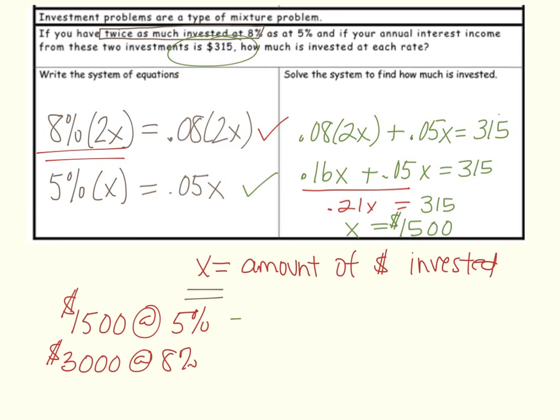So if I want to see if these two totals do add up to $315, $1,500 times 5% is $75, and then $3,000 at 8% is $240, and this total right here will give me $315.